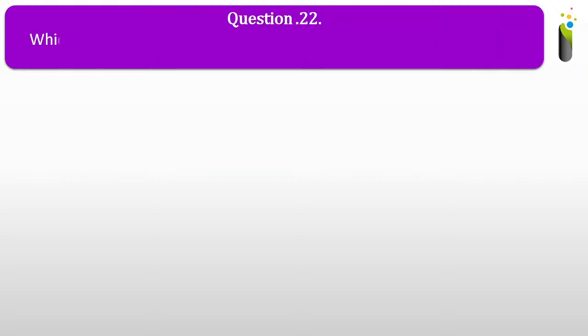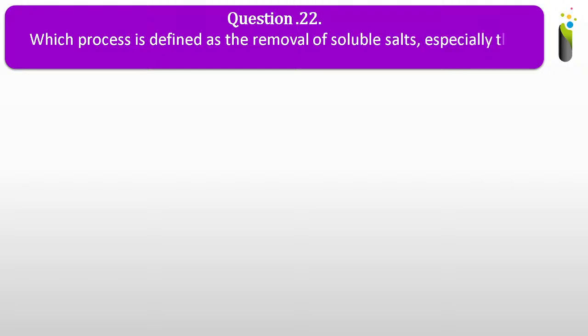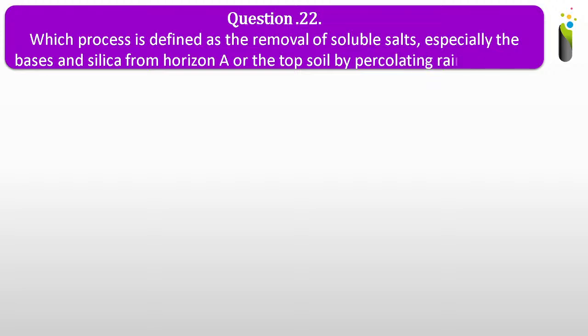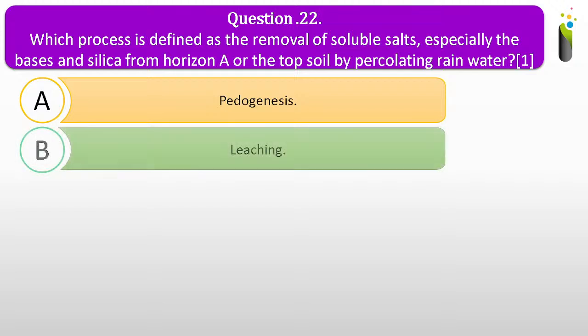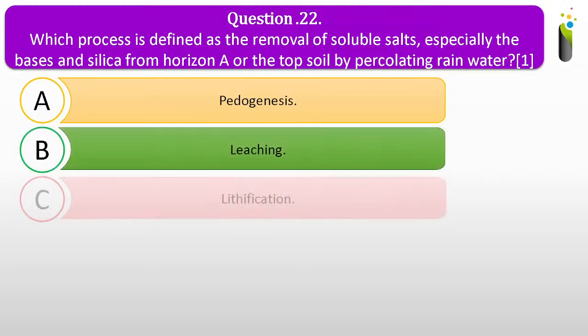Going ahead, question number 22. Which process is defined as the removal of soluble salts, especially the bases and silica, from horizon A or the topsoil by percolating rainwater? A. Pedogenesis. B. Leaching. C. Lithification.